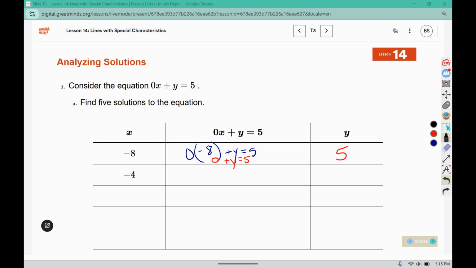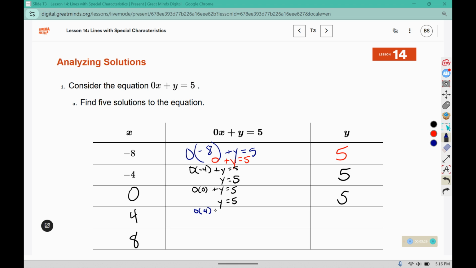For the next one, if we put in negative 4, 0 times negative 4 is 0, so we still get y equals 5. We can continue this pattern. If I put in a 0 in the x position, 0 times 0 is 0. So then y still is 5.